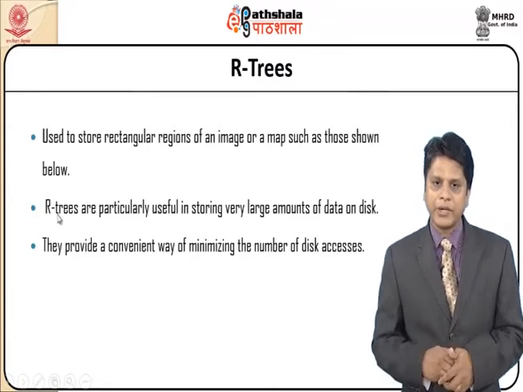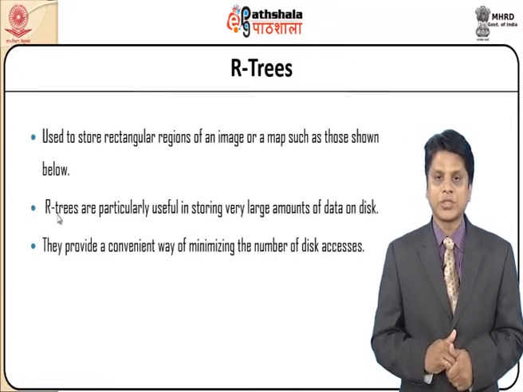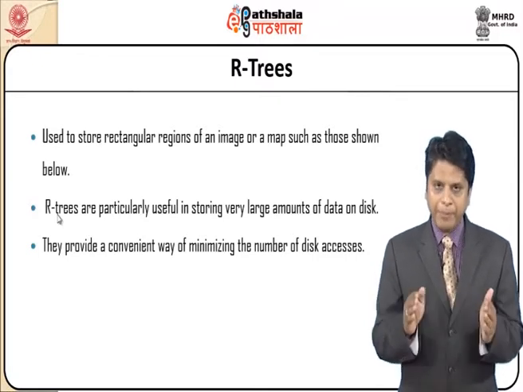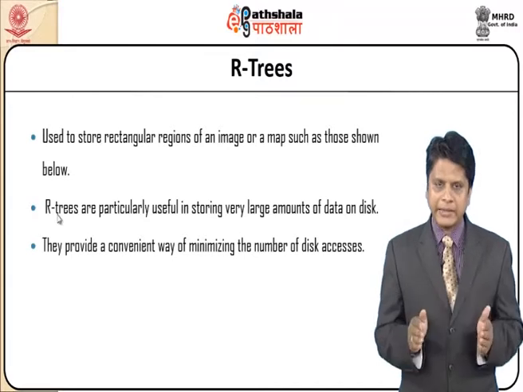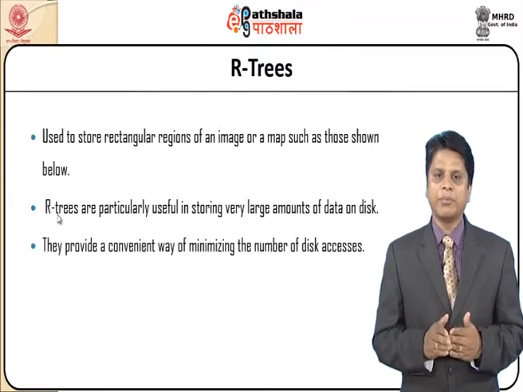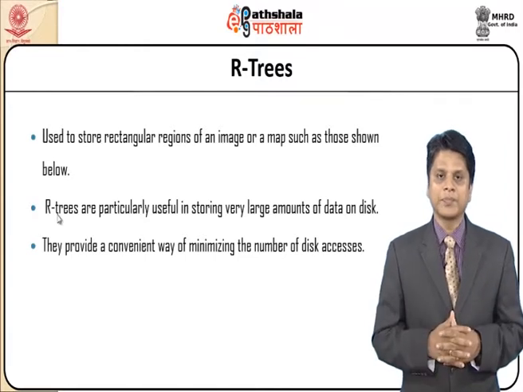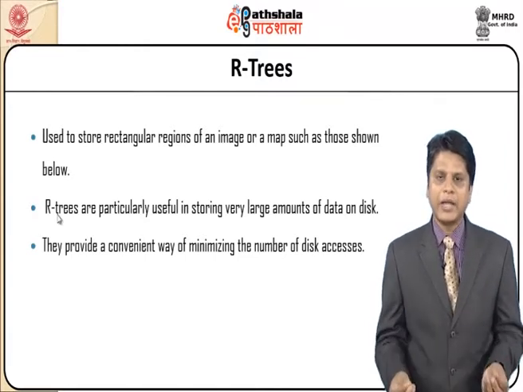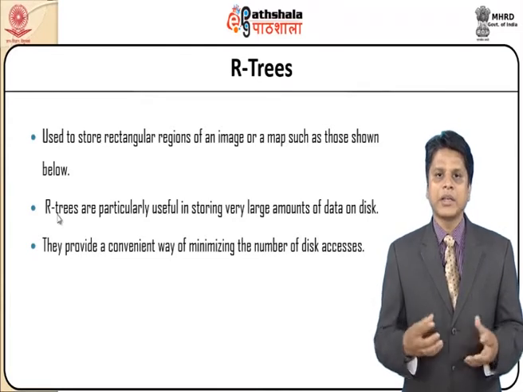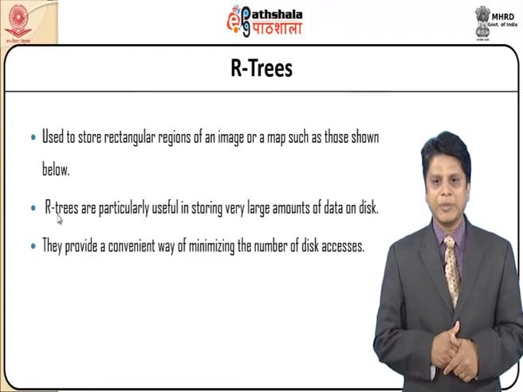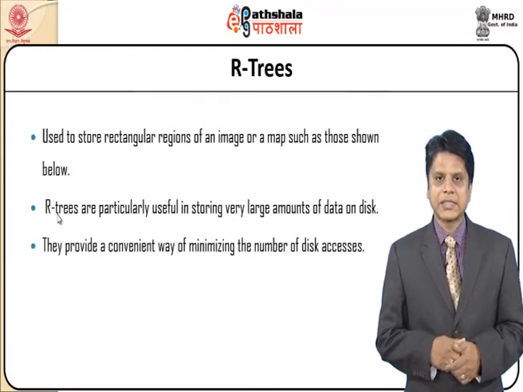So, R trees are particularly useful in storing very large amounts of data on disk. When I mark a rectangle of a specific region, it means I am marking an entire location, which takes up a large data space, since it takes all those pixel values. They provide a very convenient way of minimizing the number of disk accesses.